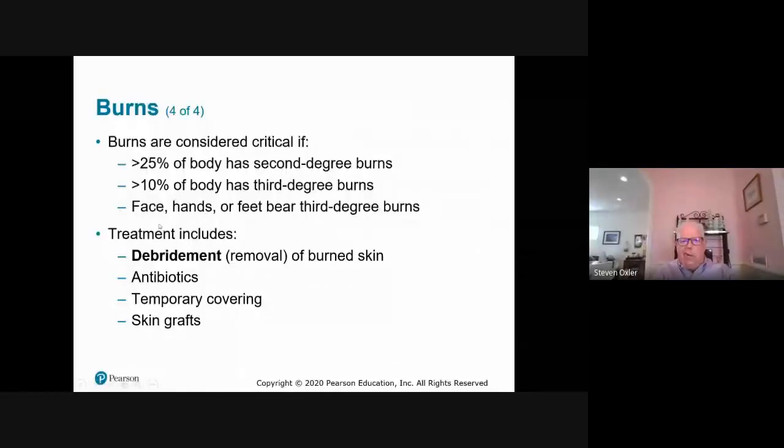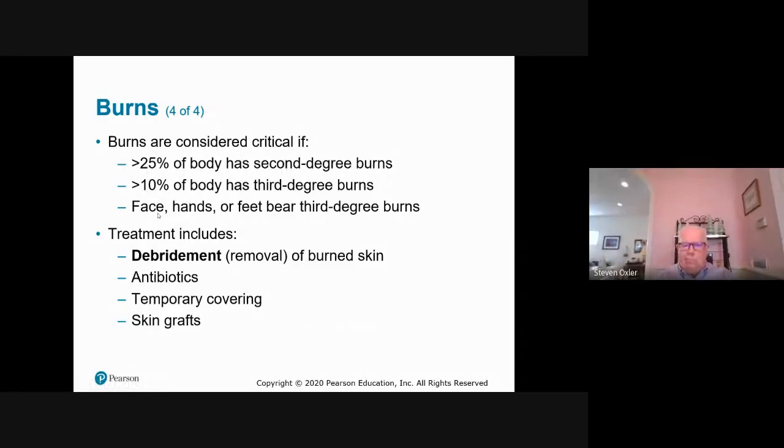If you have burns of the face, what are you worried about? Anybody? The structures underneath the skin on your face, like your eyesight, your nose, your sinuses. True, true. You certainly are worried about that. But what's the most worrisome thing about burns of the face?